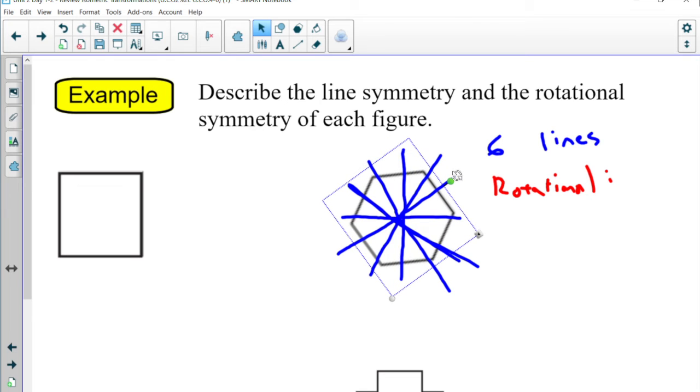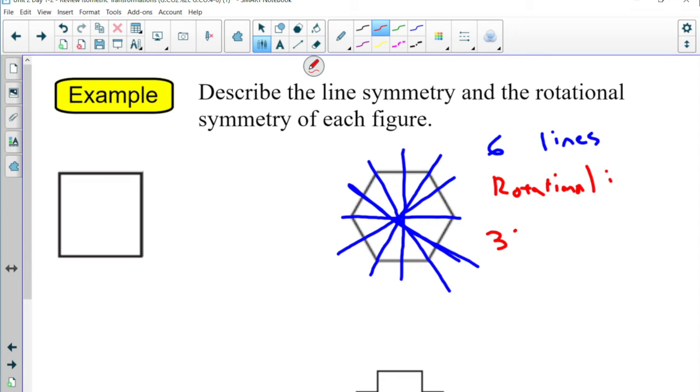So click 1, click 2, click 3, click 4, click 5, click 6. So that is taking us all the way around 360 degrees. And how many times did it click? 6. So we divide 360 by 6, and that gives us 60. So every 60 degrees, there was rotational symmetry.